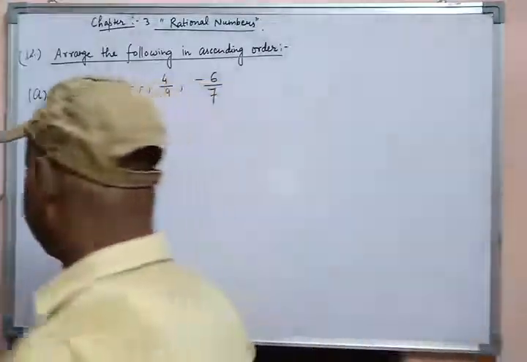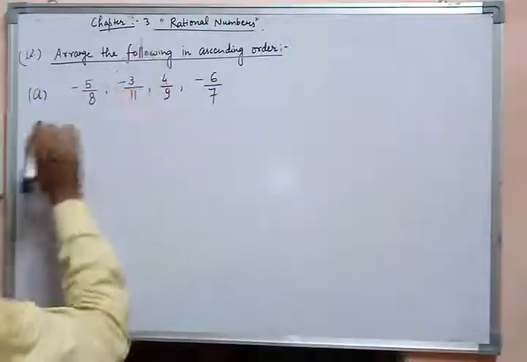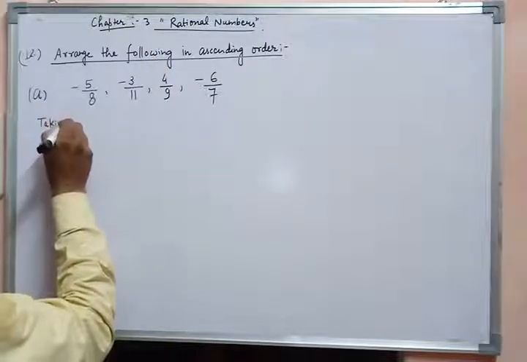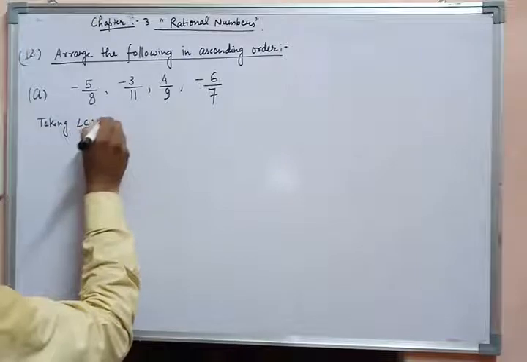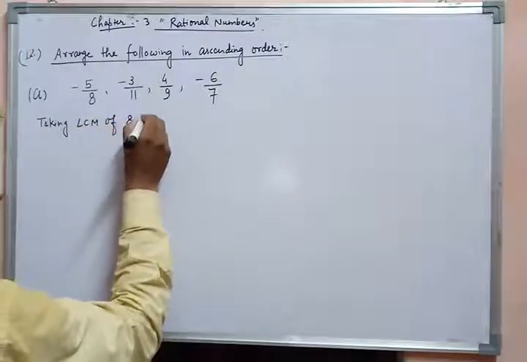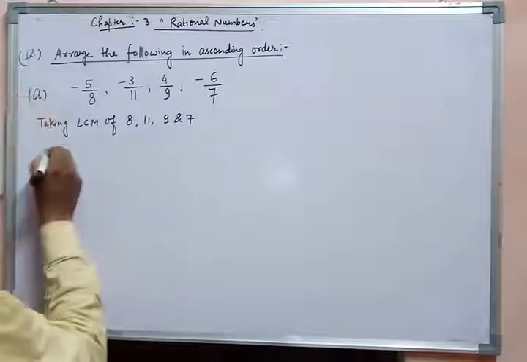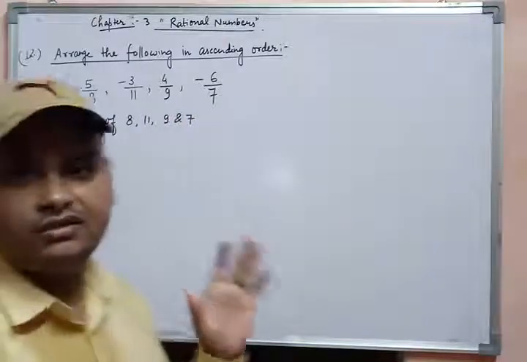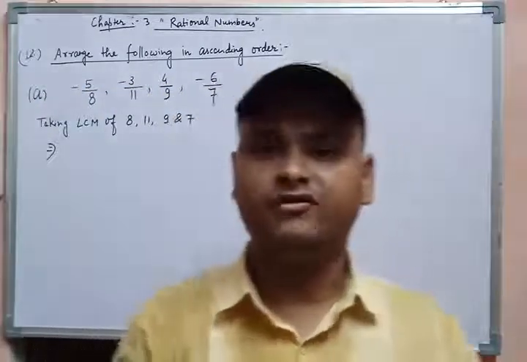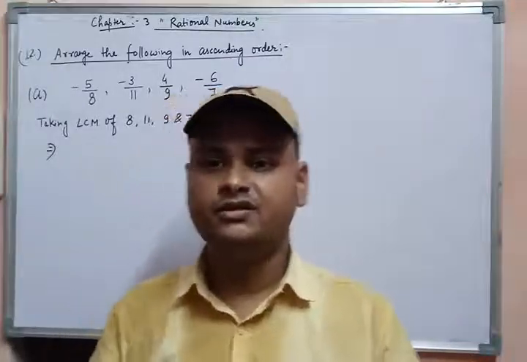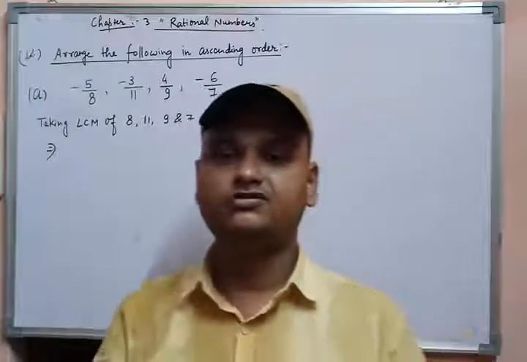Okay, so first we take the LCM of 8, 11, 9 and 7. Here students, this step is not your rough part. You have to mention this step in your solution also.